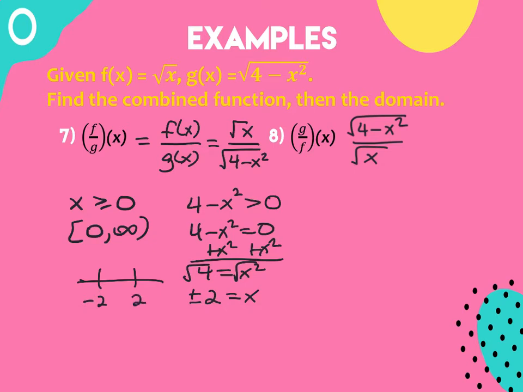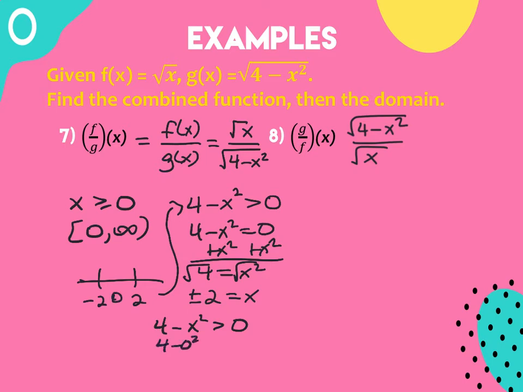And now I have to find a test value to plug in to 4 minus x squared greater than, or just greater than 0. So I'm plugging it back in, my test value, into this. So I'm going to pick 0, which is in the middle here.